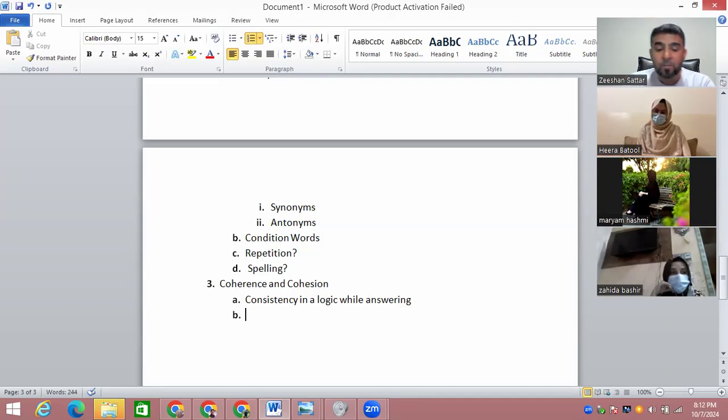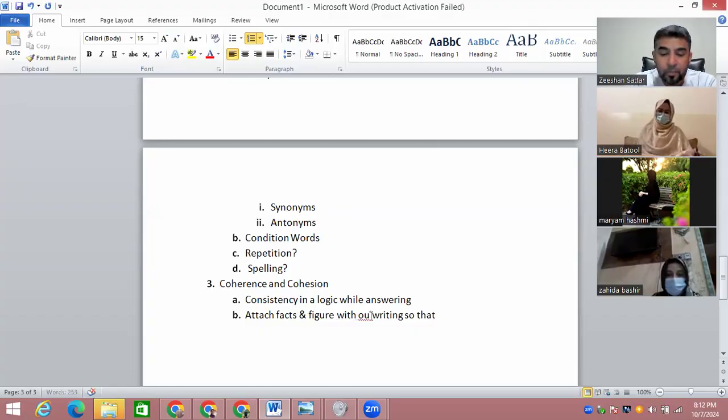The examiner wants us to attach facts and figures with our writing to avoid any confusion.